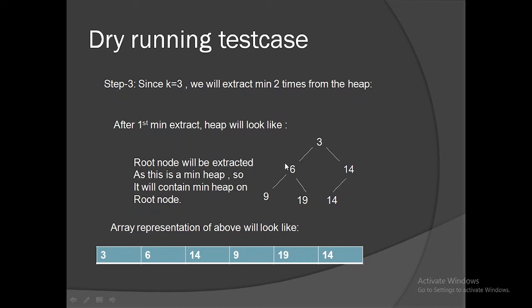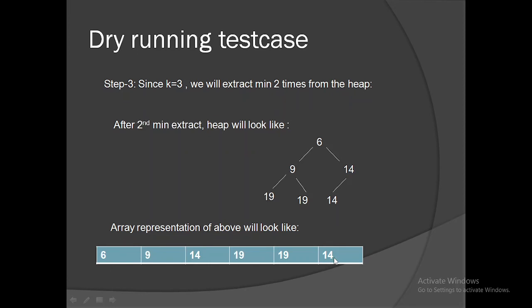So after heapifying, after the first minimum extract, the heap will look like this. The root node is extracted, and as this is a min heap, it will contain the minimum element on the root node. Now the array representation of this, you know, will be 3, then 6, then 14, then 9, 19 and 14.